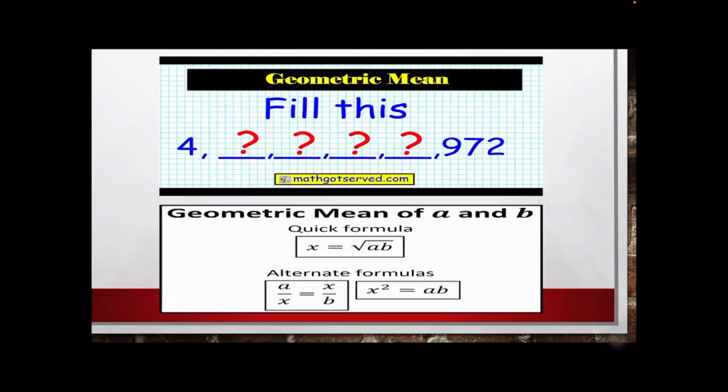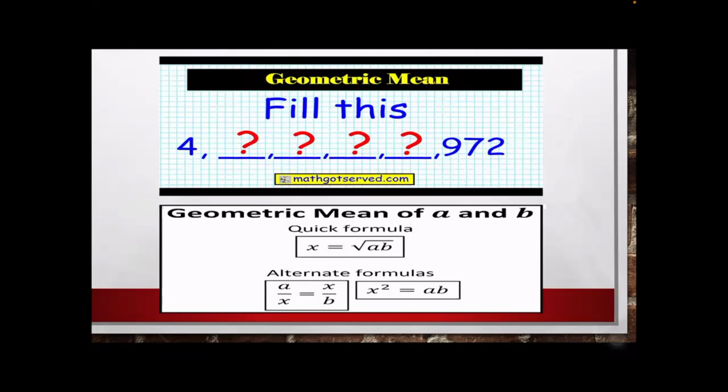So, fill in this. Magkakaroon tayo ng geometric sequence. Not geometric, the arithmetic mean... rather the geometric mean. Mayroon siyang blank na if you fill in. So, example, we have 4 to 972.